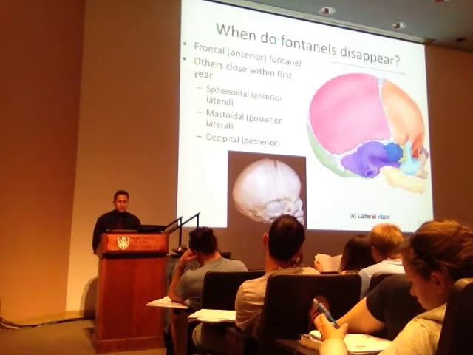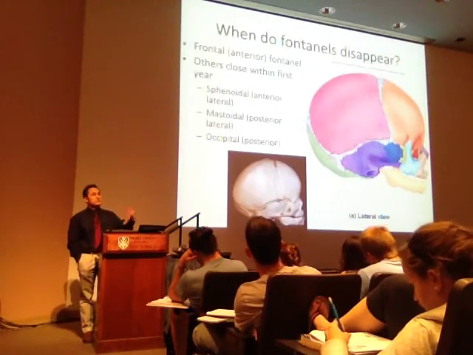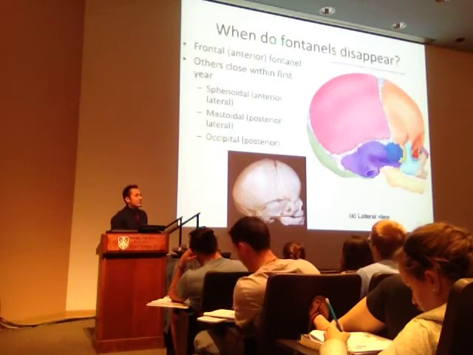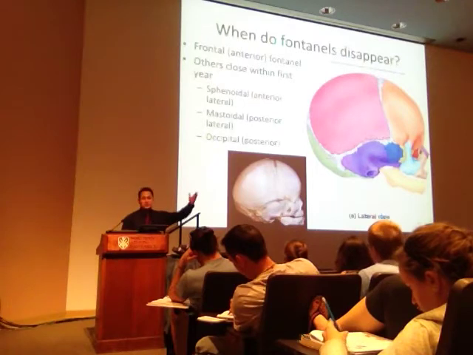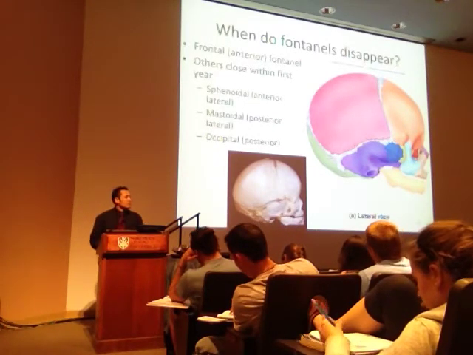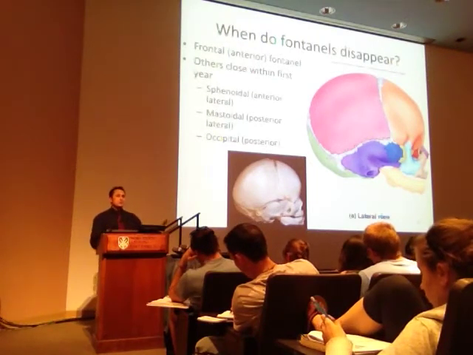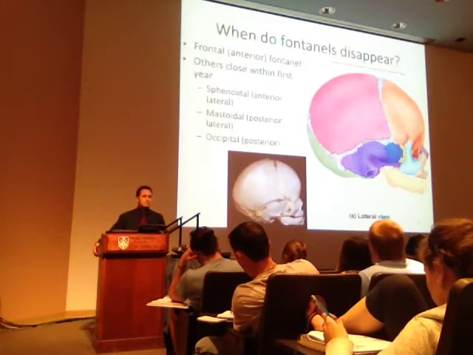So the sphenoidal, the mastoidal, and the occipital all close within the first year of life. It's only the frontal anterior fontanel that closes later after the first year of life, 18 to 24 months. So this allows for additional growth in year 1 and year 2 of the brain and the skull cap.